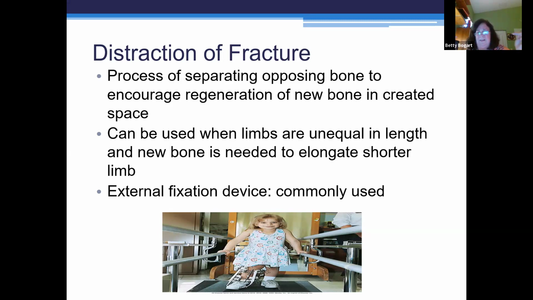With these devices, there are multiple little pins that go in there. And all we need to do as nurses is check neurovascular signs, of course, and pin care, whatever the doctor says. Sometimes it's peroxide, sometimes soap and water, sometimes antibiotic ointment, sometimes it's not. Just keeping it clean. Whatever the doctor says is what you do.